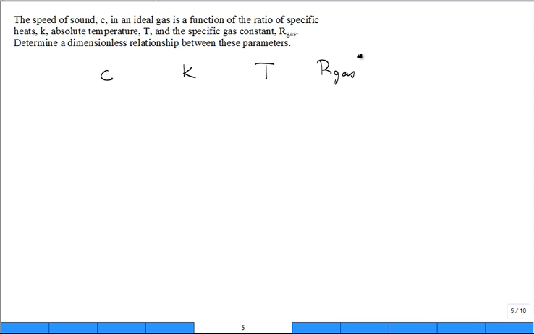And so I'm going to stop and see how far you get. But you have to be able to remember what are the dimensions of C? C is what? The speed of sound. So meters per second.